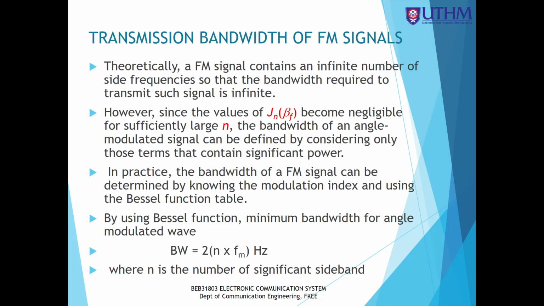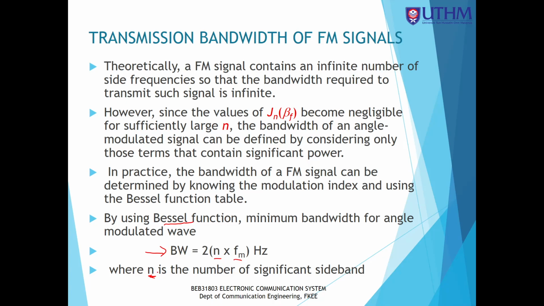If you want to calculate the bandwidth using the Bessel function, we can use this equation: bandwidth equals 2 times n times Fm hertz. n is the number of significant sidebands, the number of pairs of sideband.